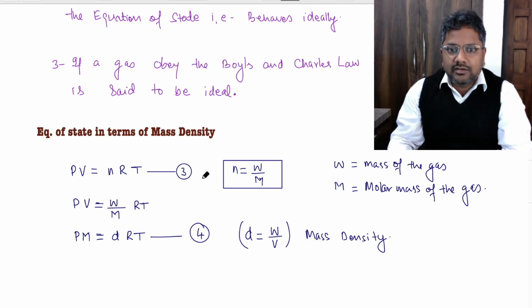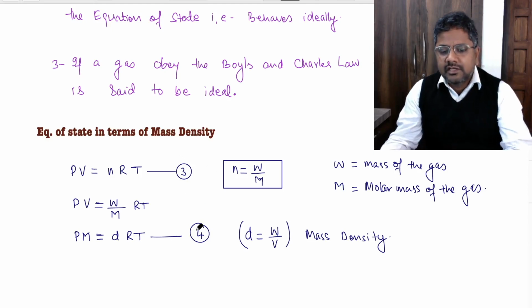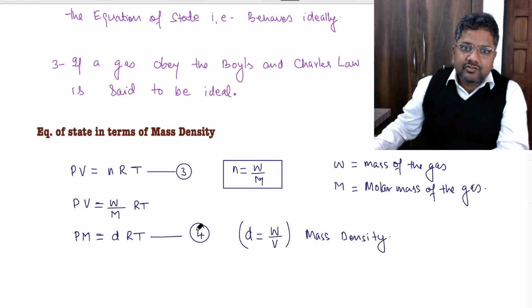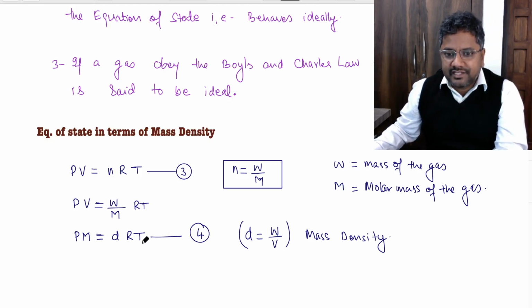Equation 3, PV = nRT, is a very popular and fundamental equation, and all formulas we can derive from this as well. This is the equation of state in terms of mass density.